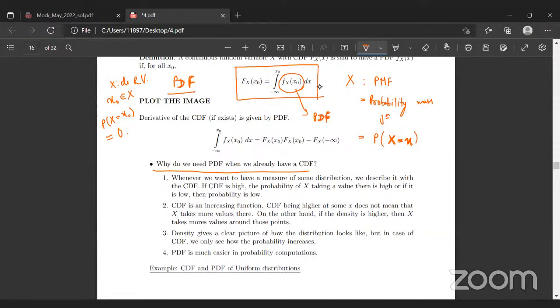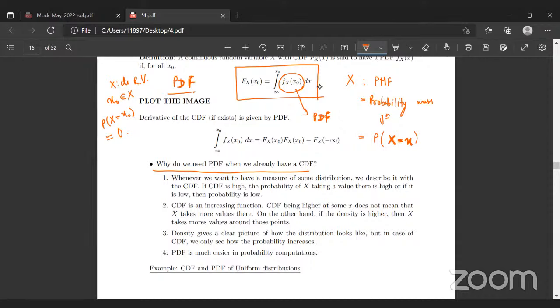So in some cases, the concept of PDF helps in finding out the distributions, but in case of CDF, it is very difficult. That is why we have something called PDF, only for identifying the kind of distribution it is. This is one use.